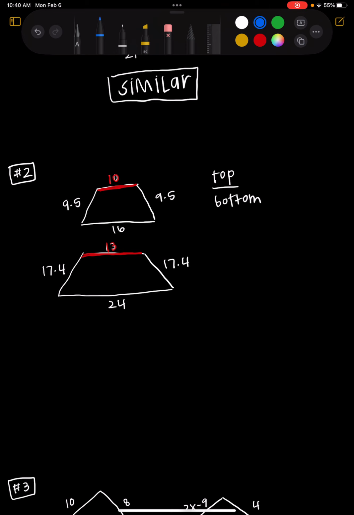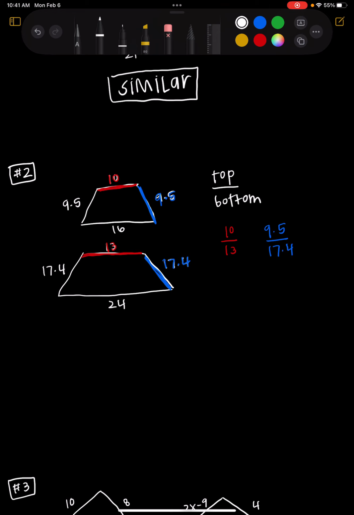And then let's do blues as the side lengths again. So 9.5 and 17.4. Okay, so once again, we're going to set up our two fractions. Our red fraction, because it's top over bottom, would be 10 over 13. And then our blue fraction would be 9.5 over 17.4.